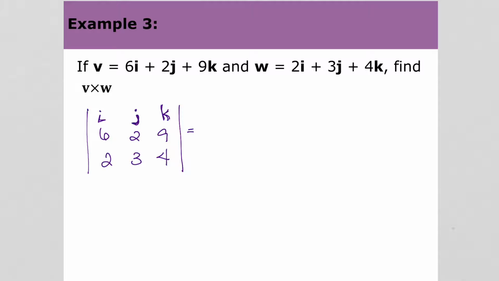So, first, with i, we cross out, and we're left with 2, 9, 3, 4. Minus. Then with j, we cross out, we're left with 6, 9, 2, 4.